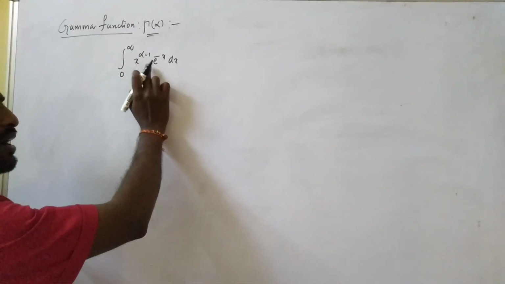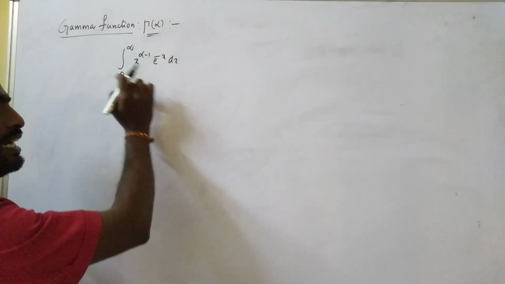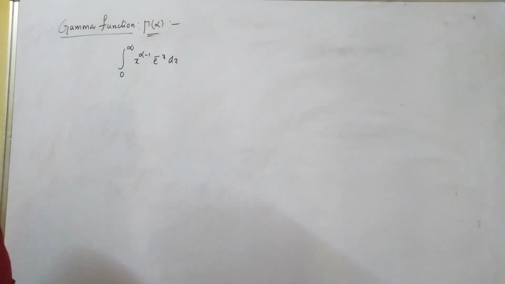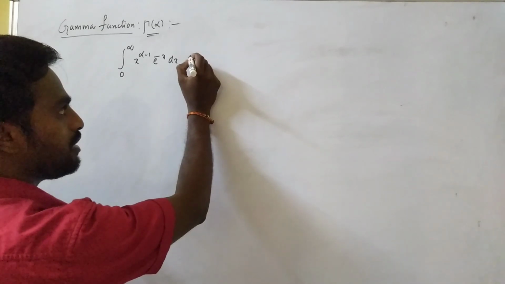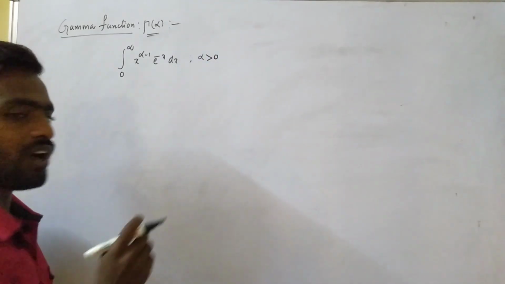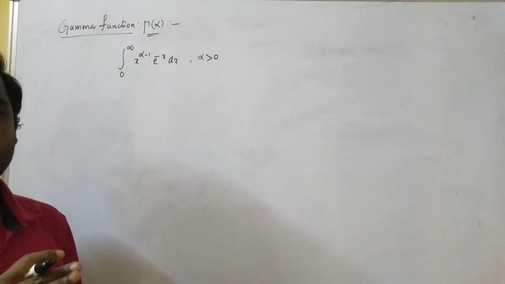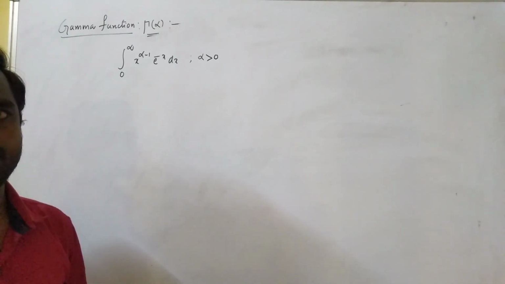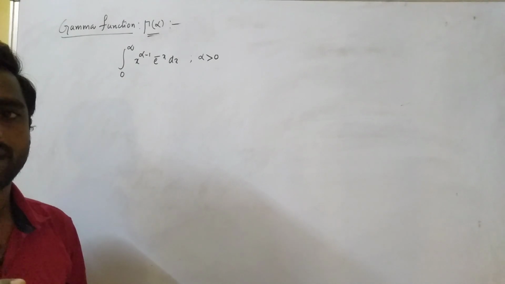This integrand is convergent when alpha is greater than 0. If alpha is less than 0, that improper integral is divergent. Divergent means if you find the value, you get the infinite value.